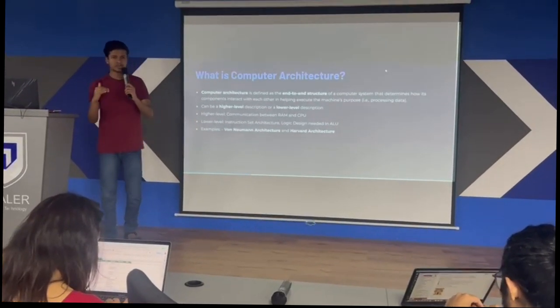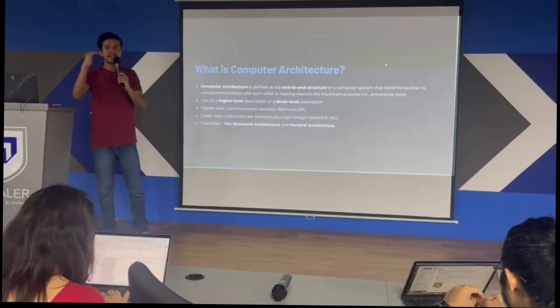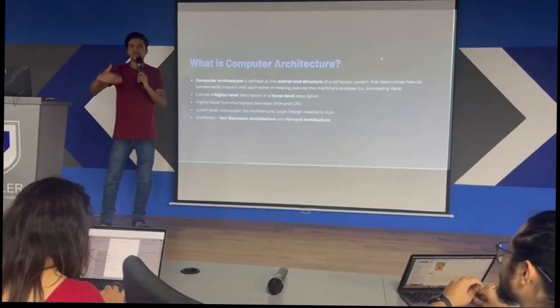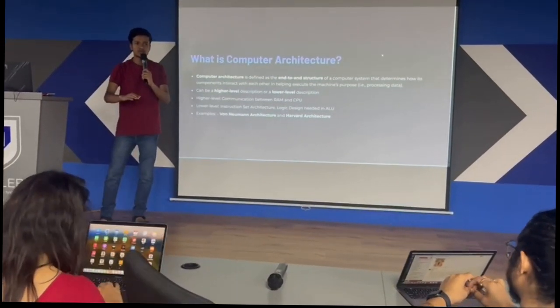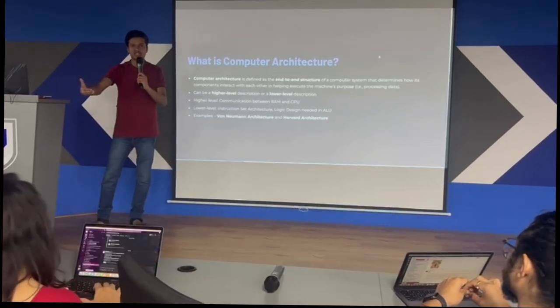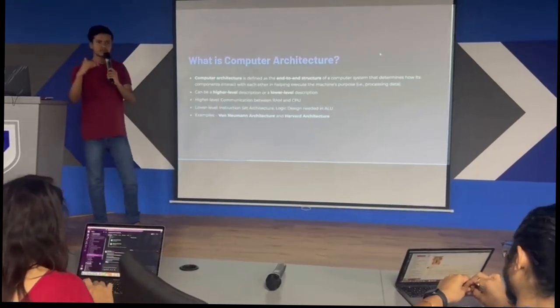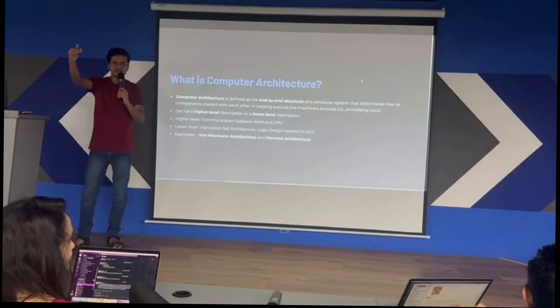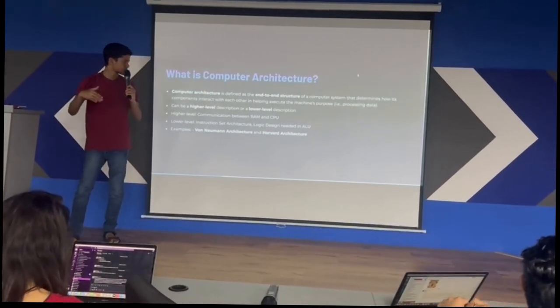So very loosely speaking, computer architecture is the end-to-end structure of how various components in your computer system interact with each other to do some task, right? And when people say computer architecture, they are talking in two aspects. There is the higher order aspect and a lower order aspect.